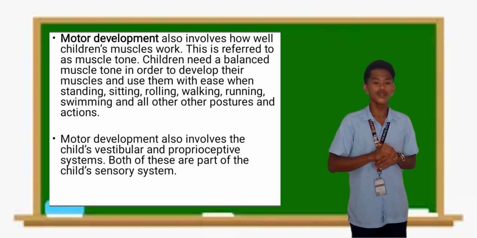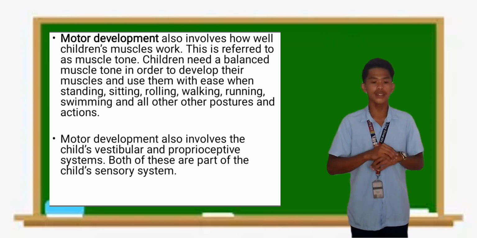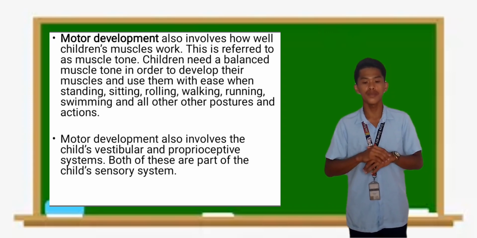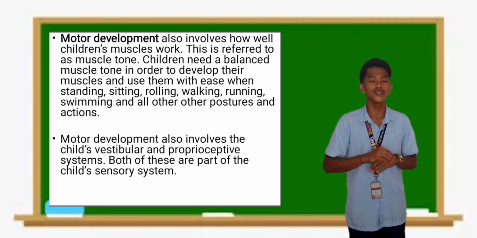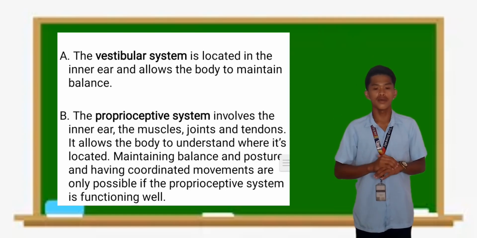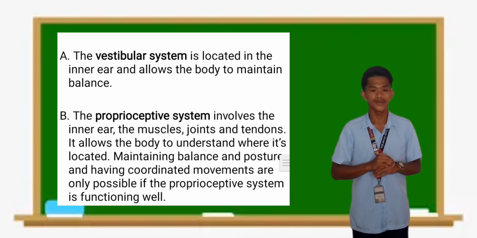Motor development also involves the child's vestibular and proprioceptive systems. Both of these are part of the child's sensory system. The vestibular system is located in the inner ear and allows the body to maintain balance.